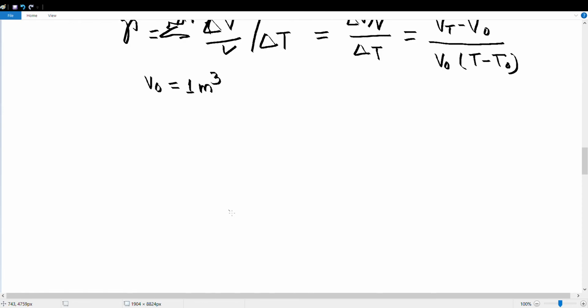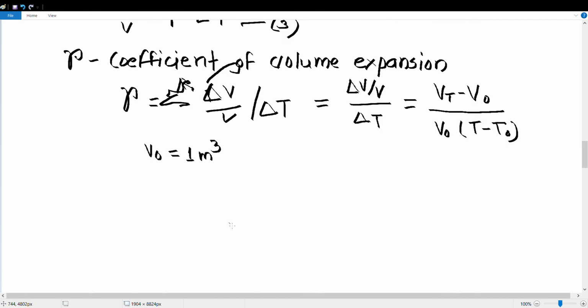And now let us consider that the change in temperature, this del T, meaning T minus T0, is 1 degree Celsius. The initial temperature is 0 degree Celsius and the final temperature is T. The temperature is raised by 1 degree Celsius, then T minus T0 is 1 degree Celsius.